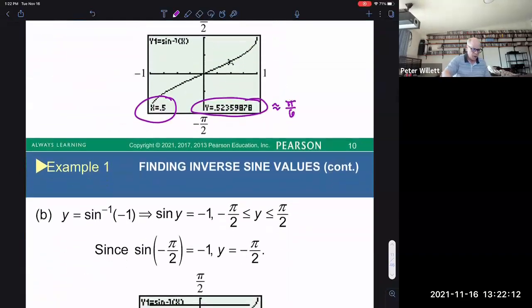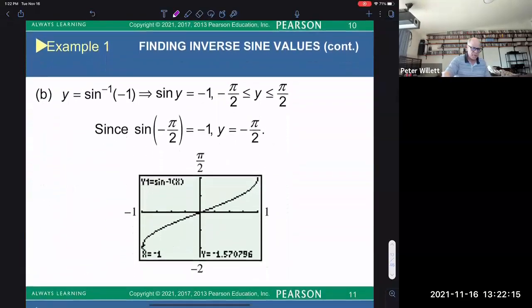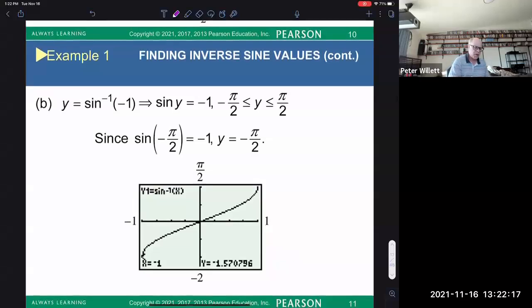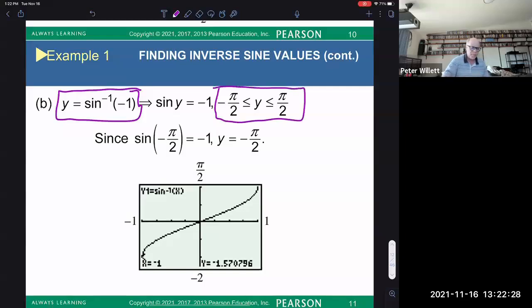All right, so we can look at another value. They just have another example. Let's say we wanted to evaluate the inverse sine of -1, get that y value. We would remind ourselves that the y answer has to be within the limited range of the possible angles we would consider. And then we would say, all right, well, where between negative π/2 and π/2, on a table of values or on a graph or from the angles that I know, which of those angle values would give me -1?